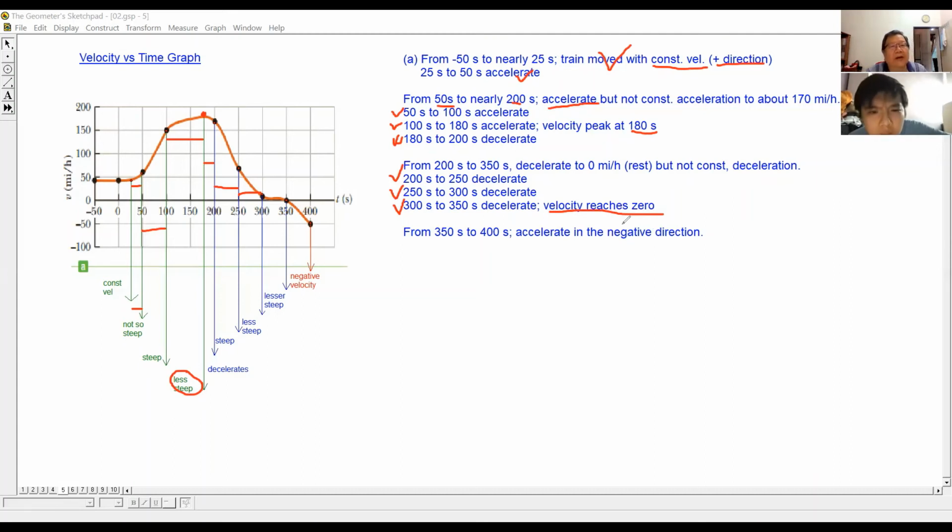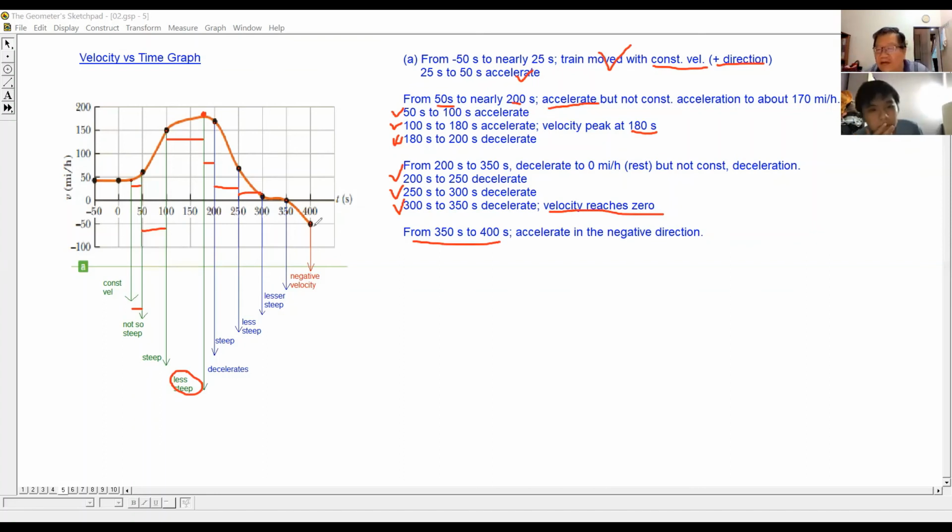Okay. From 350 to 400, you see, at first the velocity is zero, and finally it becomes negative 50. Zero to negative 50. Accelerating or not accelerating? Starting, it is not moving, 0.